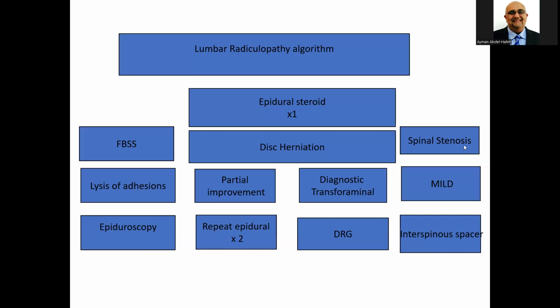With spinal stenosis, we have two famous procedures, one of them called the MILD and the other one called the interspinous spacer. These are done by interventional pain physicians. While with disc herniation, you can repeat the epidural or do a dorsal root ganglion pulsed radio frequency.